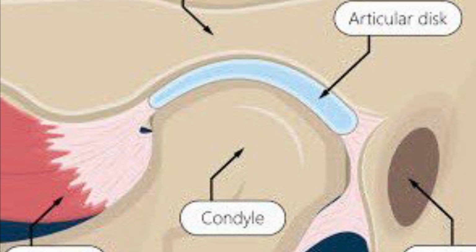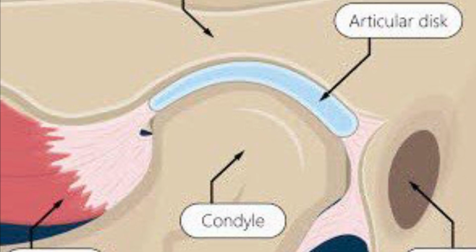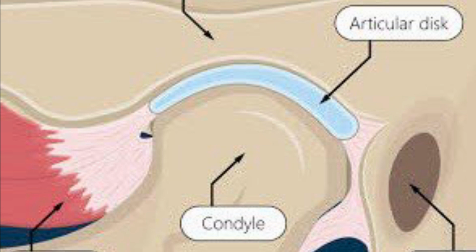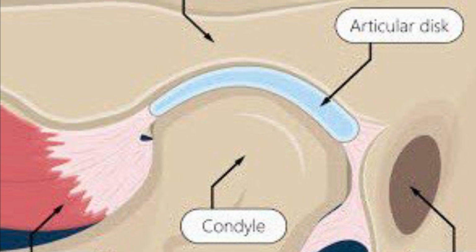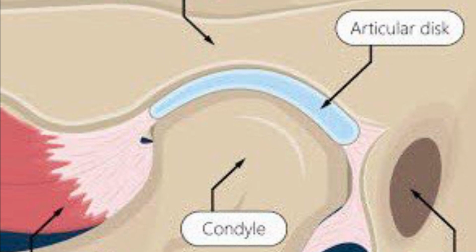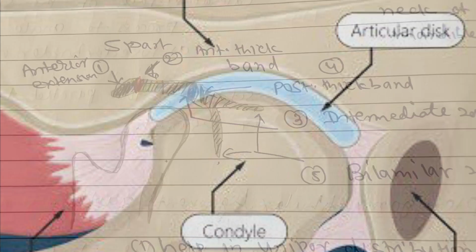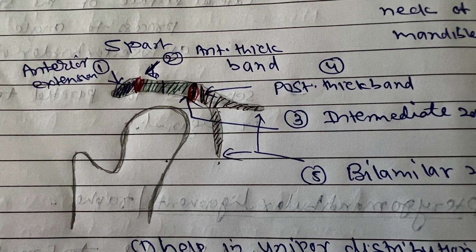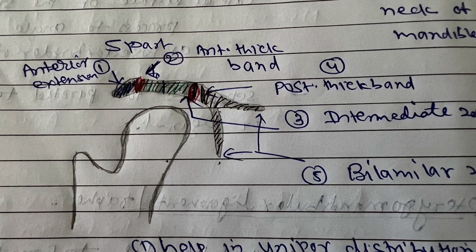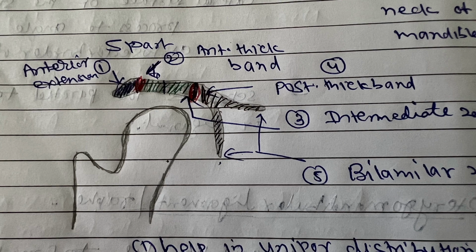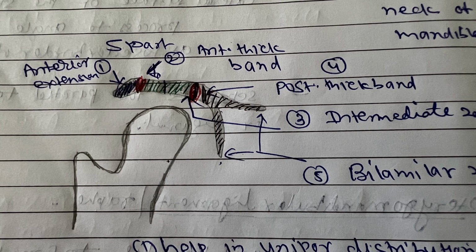This articular disc is made up of collagen type 1 bundles and is biconcave in shape. Because it is made up of fibroelastic cartilage, this TM joint does not have hyaline cartilage. So this is a different type of synovial joint, having a different type of fibroelastic cartilage structure.